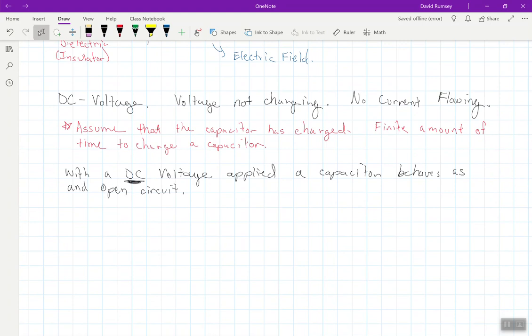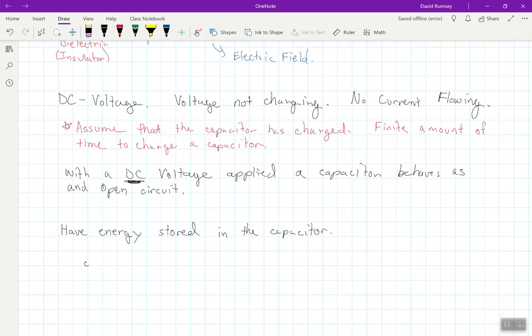But what that means is we actually have energy stored in the capacitor. And there's a formula for the energy stored in the capacitor, and it's a very simple formula.